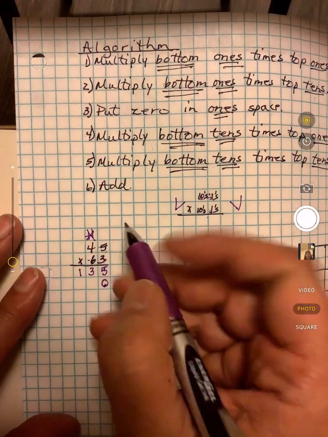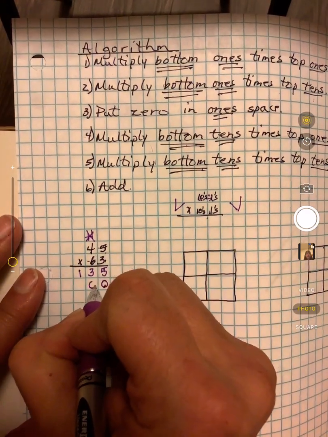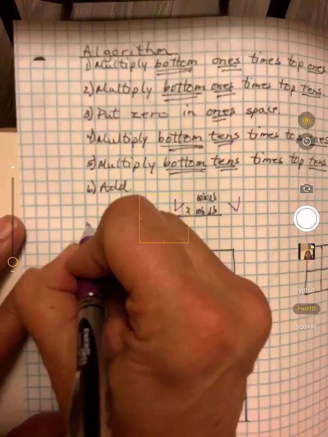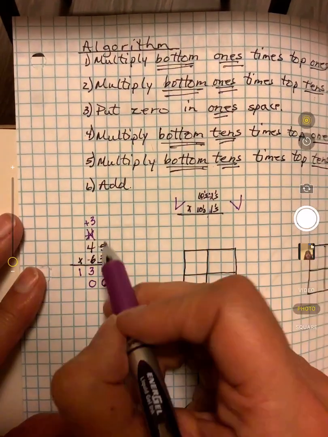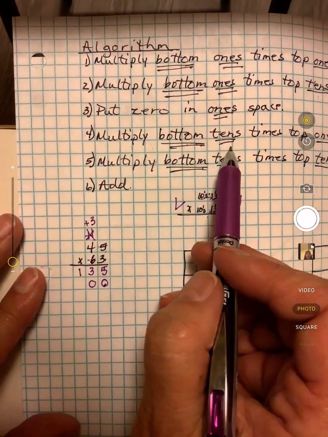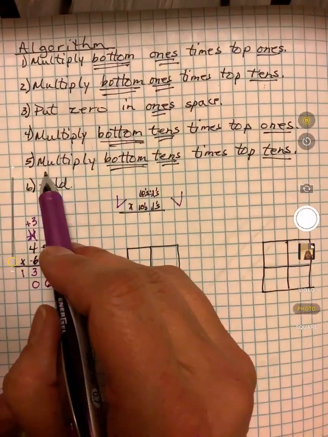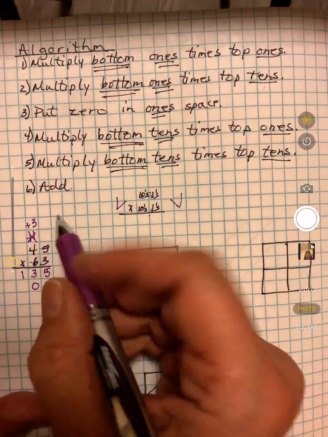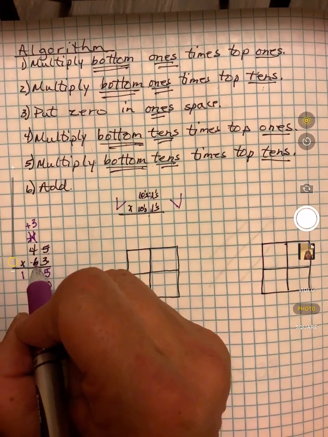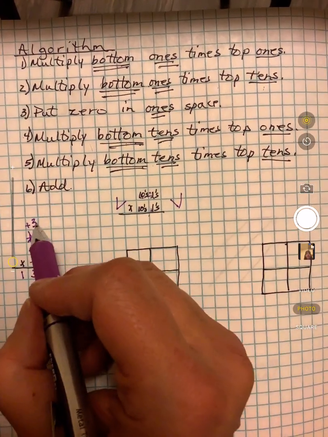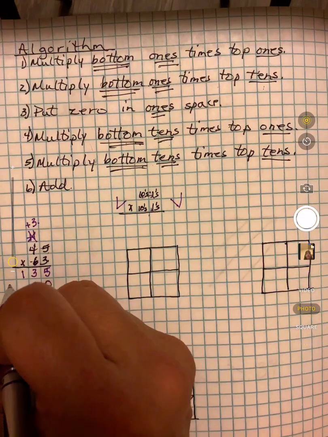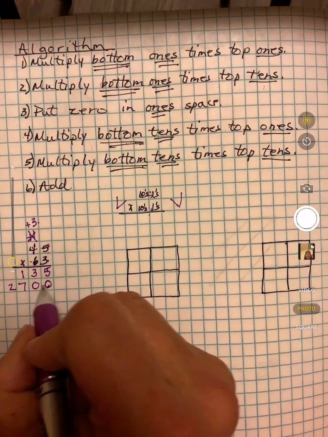So 6 times 3 is 30. We carry the 3. Okay, now the bottom tens times the top tens. We're on number 5. Bottom tens times the top tens. So 6 times 4 is 24, plus the 3 more is 27.